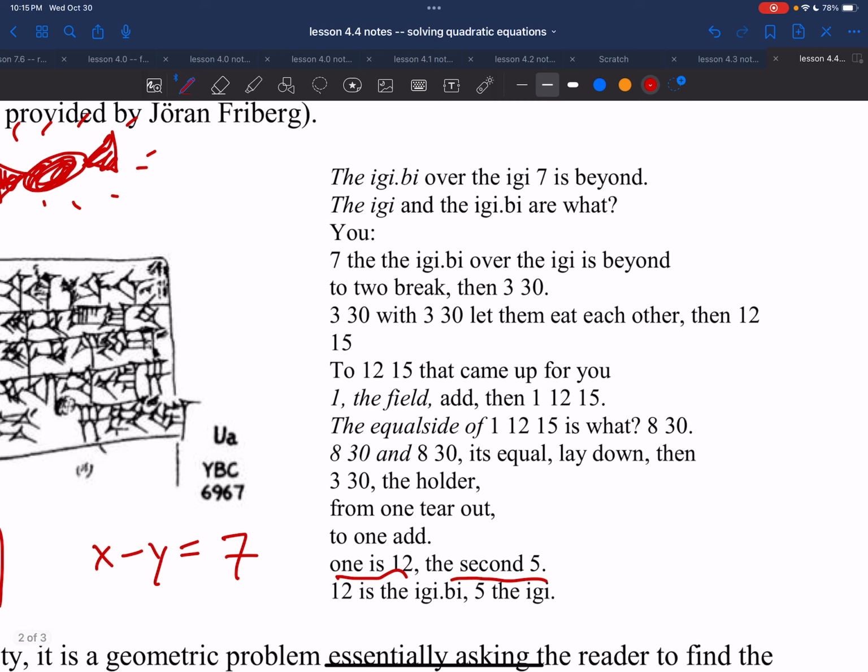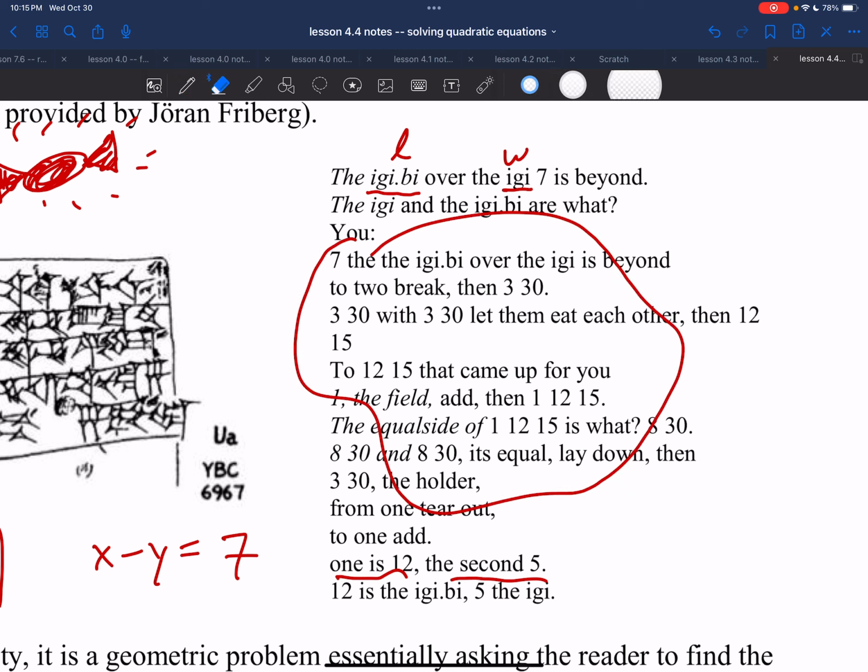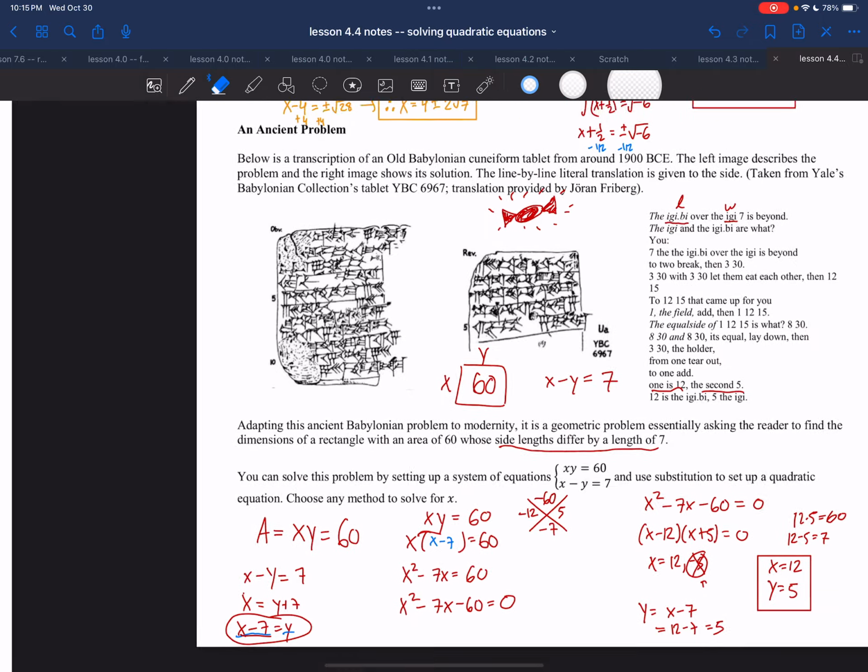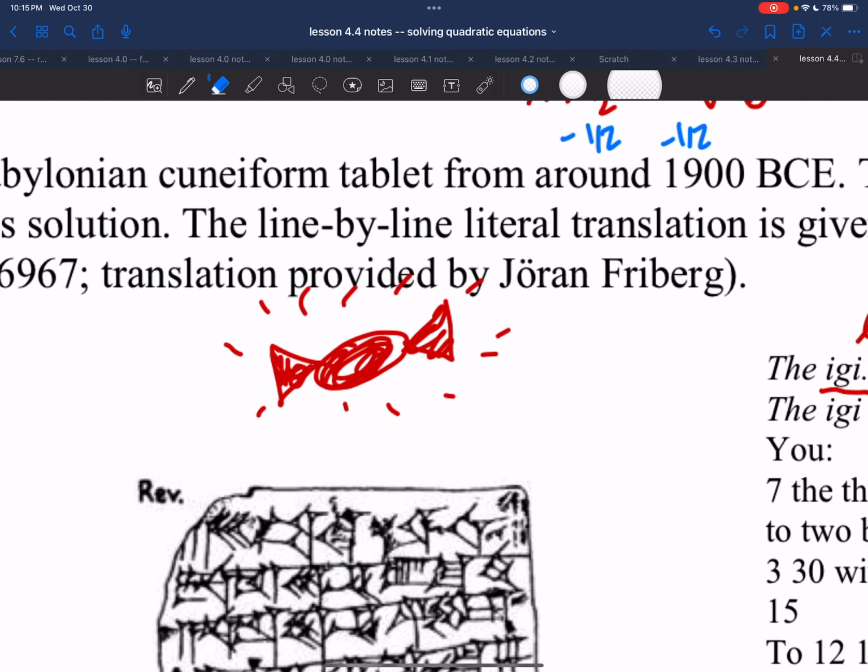And when they're saying, I don't know what this means, IGI, I don't know if they're saying Iggy, or if that's just someone's loose translation, but obviously this is referring somehow to length and width, I believe. But who knows? What is all this other stuff saying, right? It's kind of interesting. It's kind of neat. So you could think about it, and that is our sweet treat of the video.